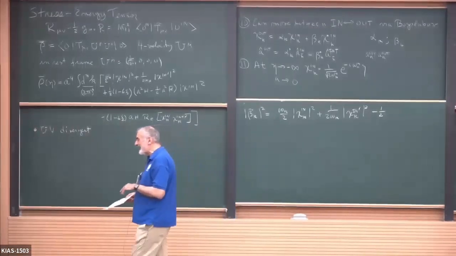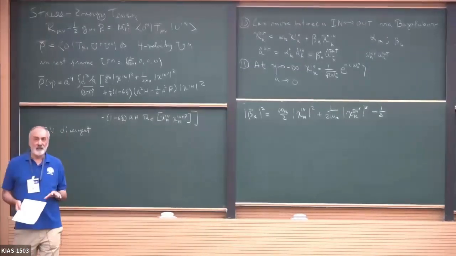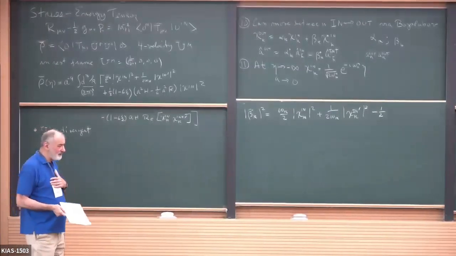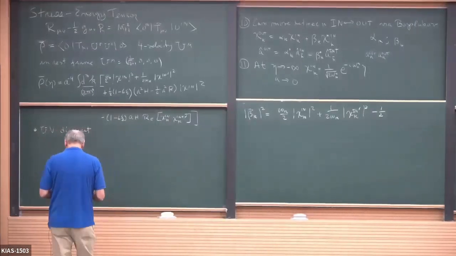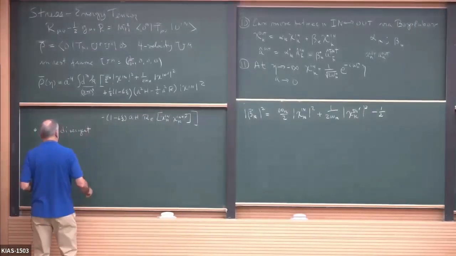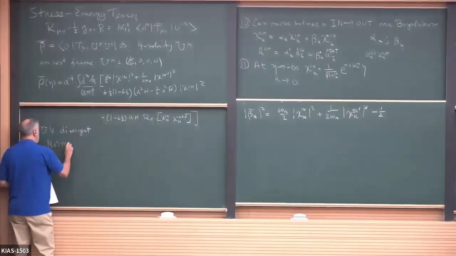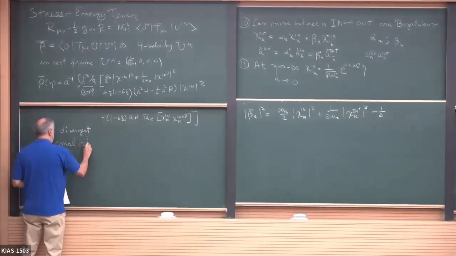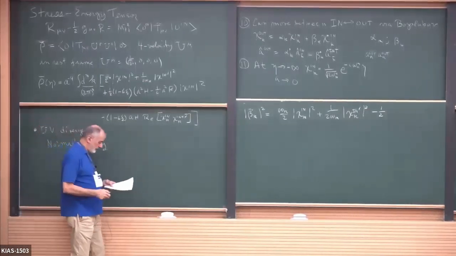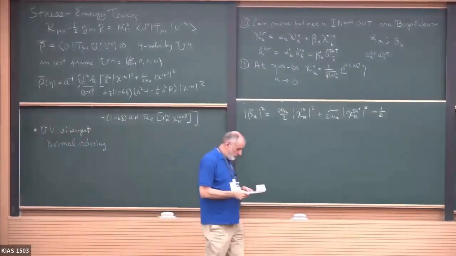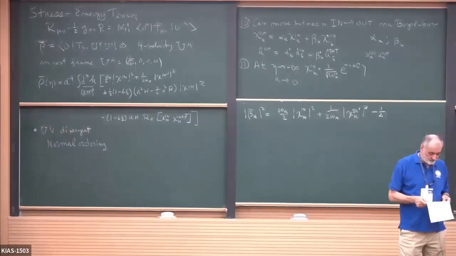It's called adiabatic regularization, and it's a very complicated, in my opinion, unnecessarily complicated regularization scheme. But the one I will adopt just involves normal ordering, which is usually employed in Minkowskian quantum field theory.